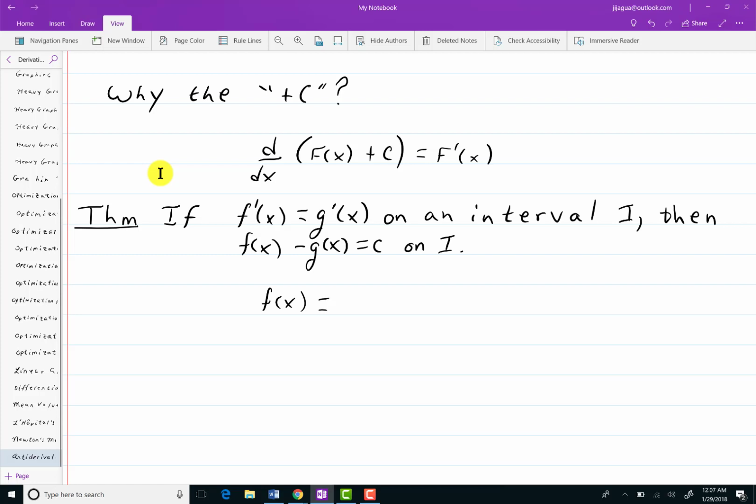But that's the same as f of x equals g of x plus c on that same interval. So that's why we write the f of x plus c for our final answers.